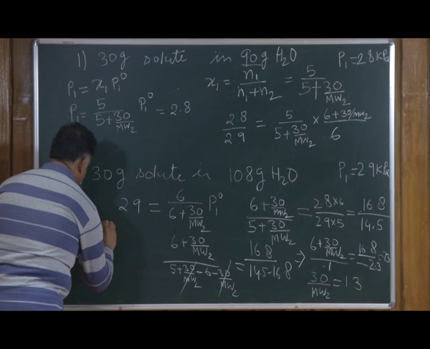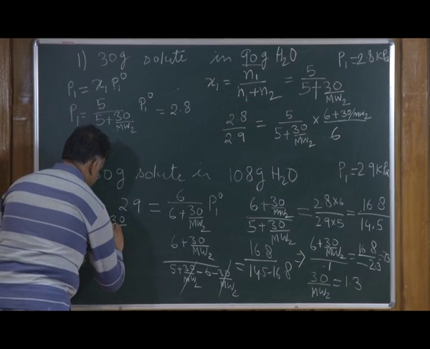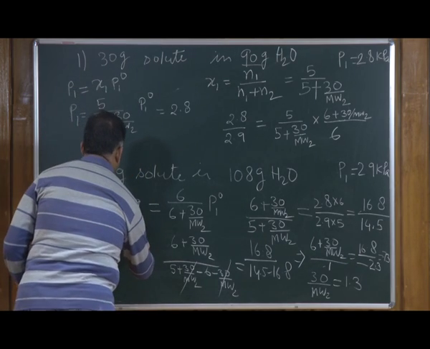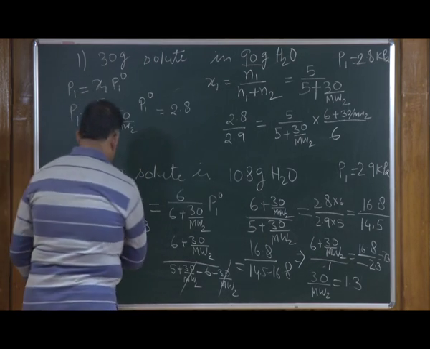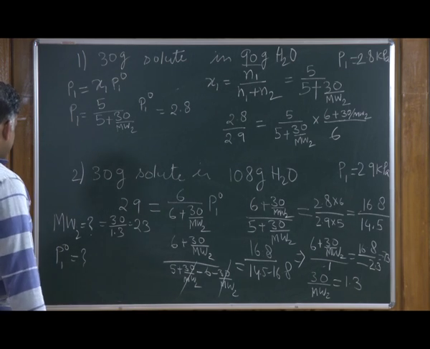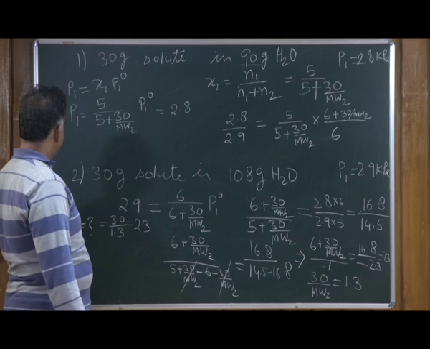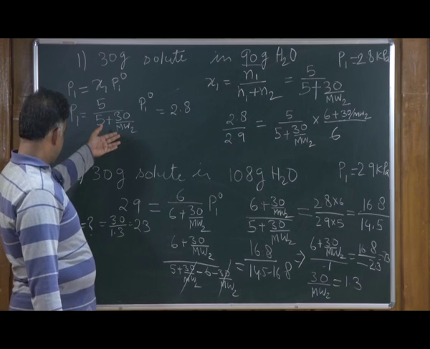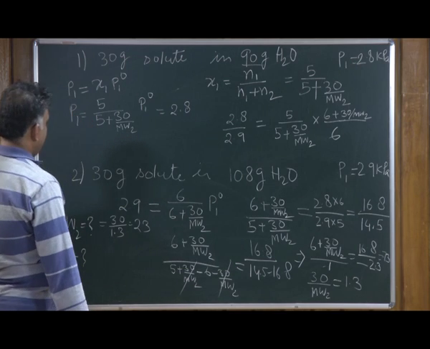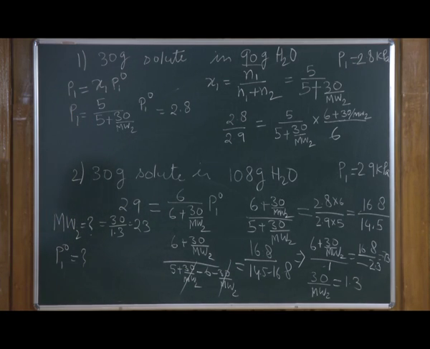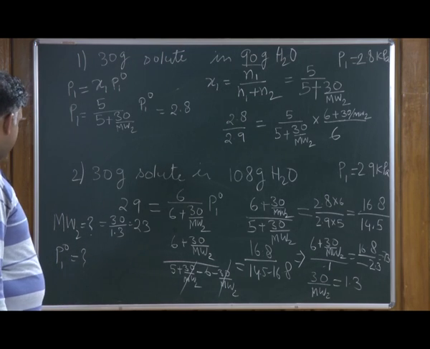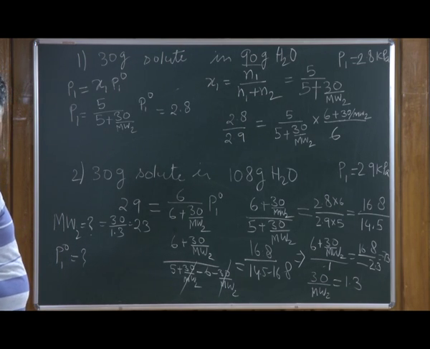So, we got our answer. It is approximately 23, within the rounding error. Okay, now we have the molecular weight. So, using this I can put all this information right in here and I can calculate P1 0. Okay, so that I will leave as an exercise, it should not be a problem at all to finish this problem.